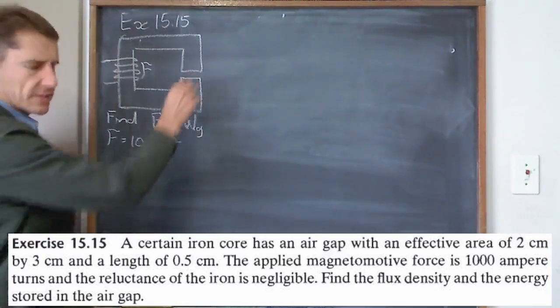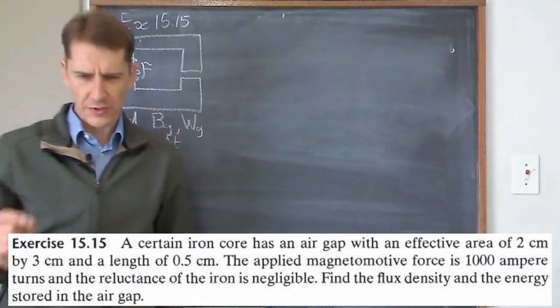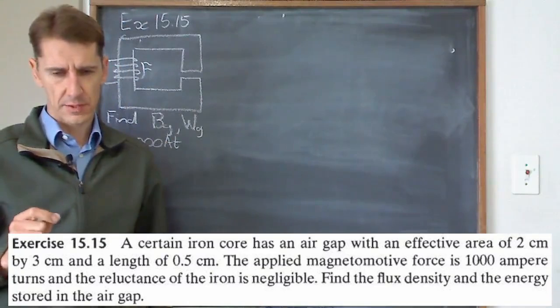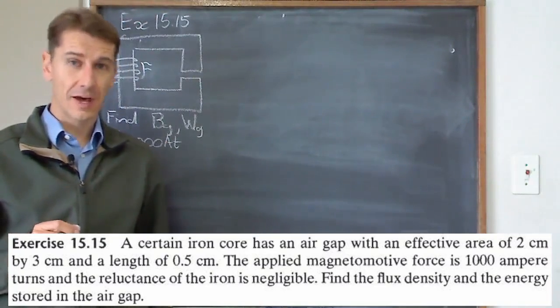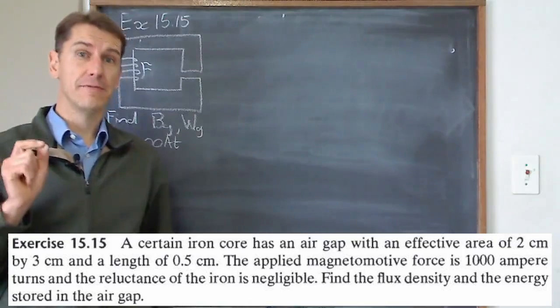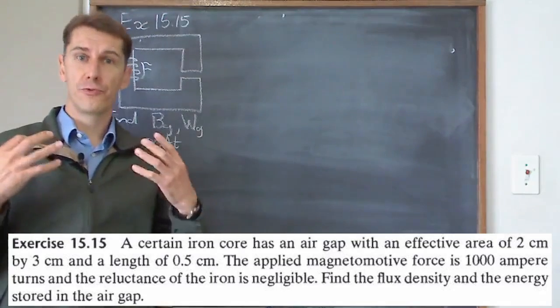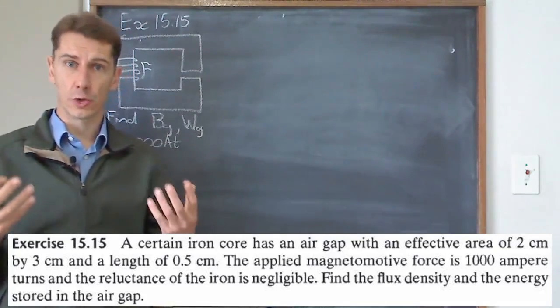And this core has an air gap with an effective area of 2 centimeters by 3 centimeters. Now that little word effective means that the effect of the fringing is already included.